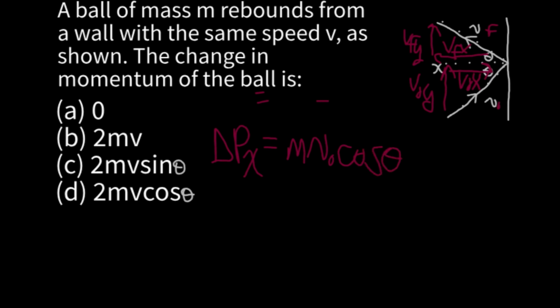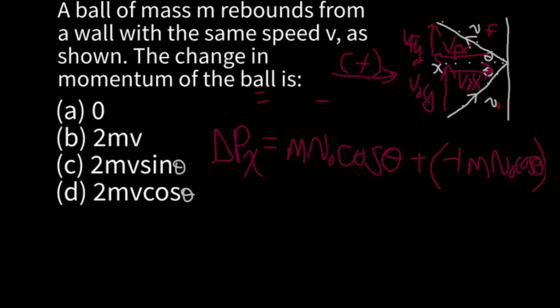This is where our directions become critical. We're going to call into the wall positive. You should be able to derive this cosine theta yourself, especially from our sine example. Minus, we're coming out of the wall now, we are becoming negative, so minus a negative mv naught cosine theta.